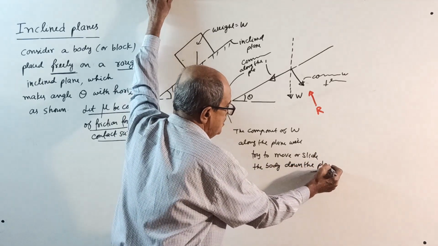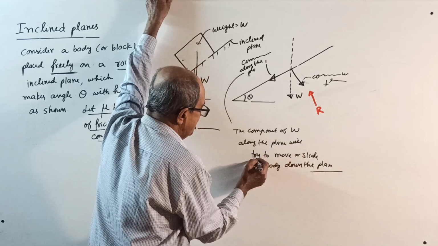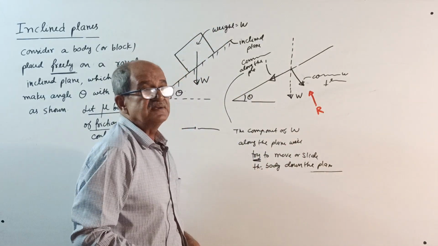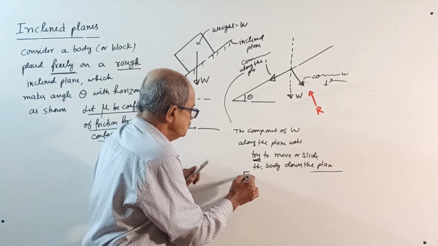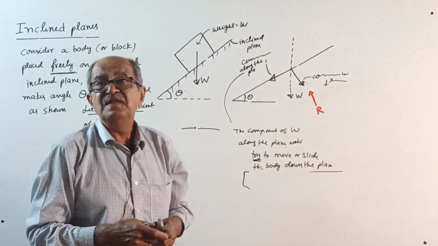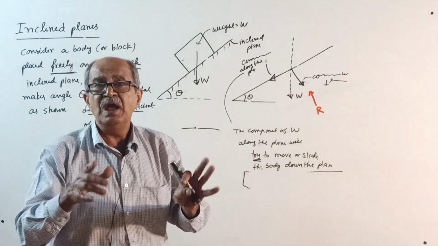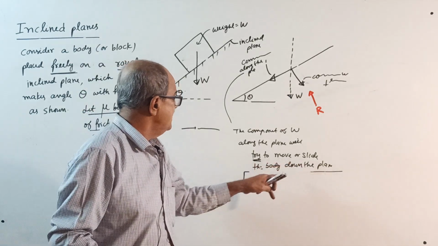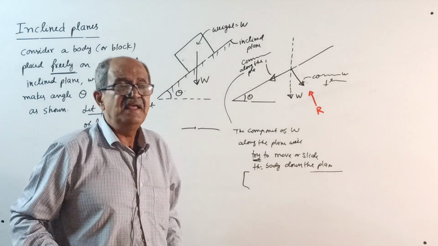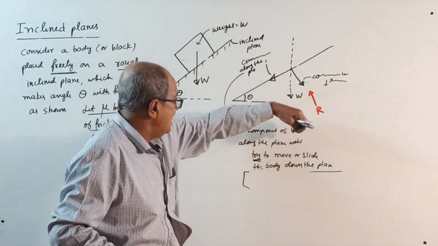I told you, will try. See, will try. He used the word try. Means it need not move. When it will move, I will tell you. Will try to move, the slide tendency, or it has tendency to move the block along the plane.